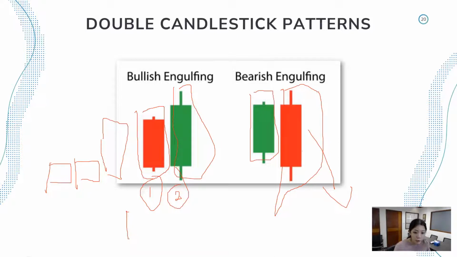Another important point to take note of is that the engulfing candle should have as little wick, or you can call it shadow, at the top and bottom as possible, because the lesser the wick, the better. This is because the wicks show weakness in the price action.